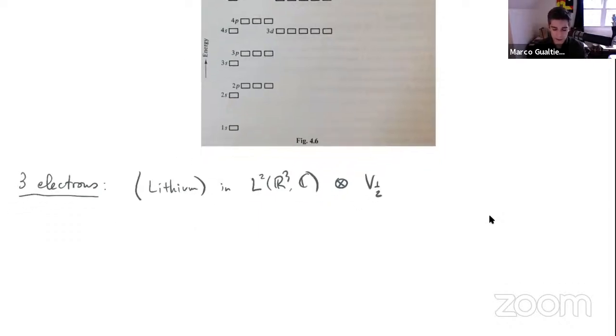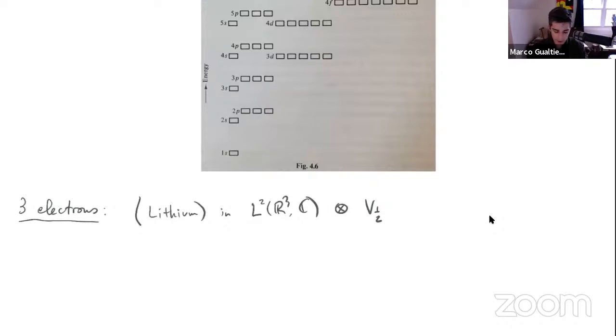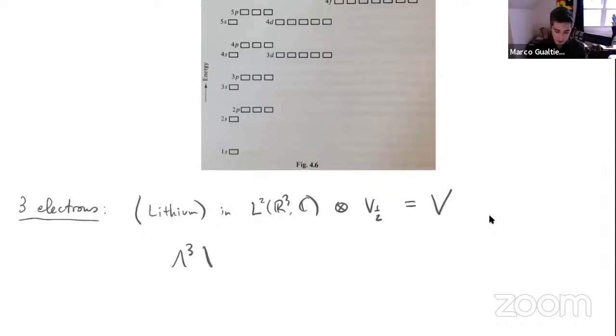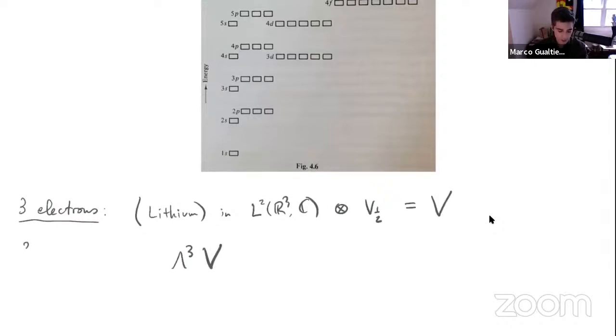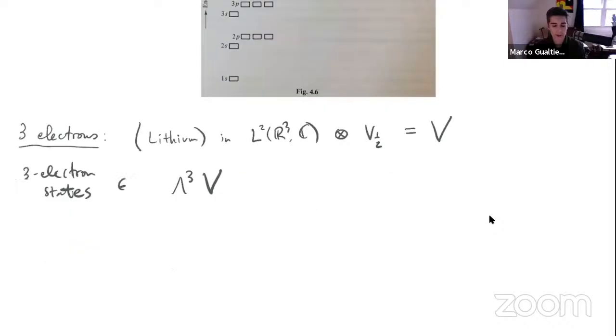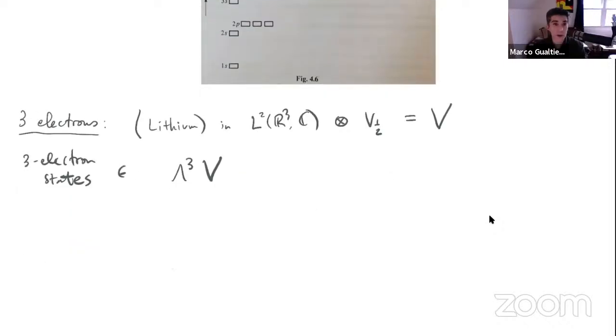So we want to consider wedge 3 of this space. Let me call this big space V. My 3 electron states are exactly in here because electrons are fermions. And so we need to look inside wedge 3 V. Okay, that's where my 3 electron states are.